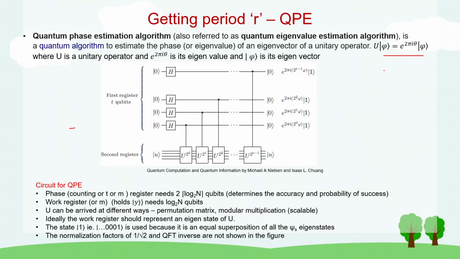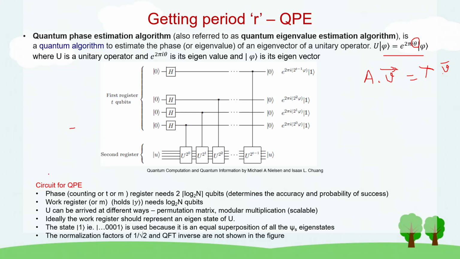I hope you are familiar that even in linear algebra, when a matrix A acts on one of its eigenvectors, what you get is the corresponding eigenvalue lambda times the eigenvector. The same thing is applicable here in quantum computing also. That is what we are going to do, and from there you will get R.